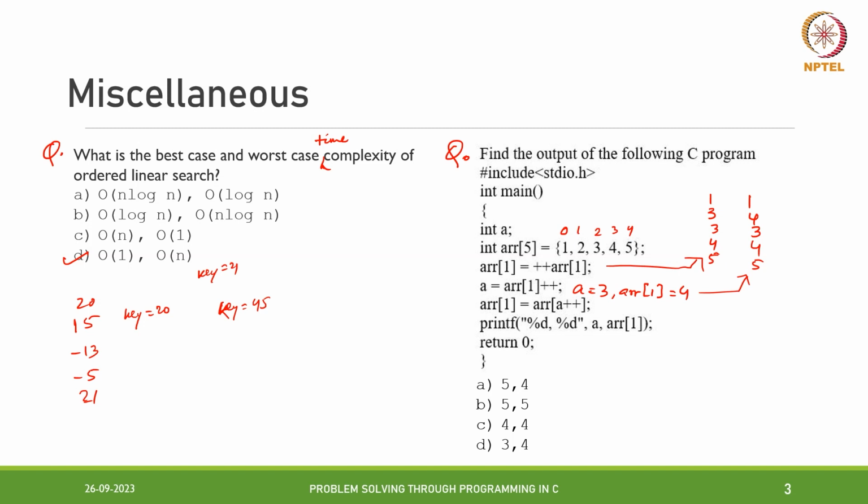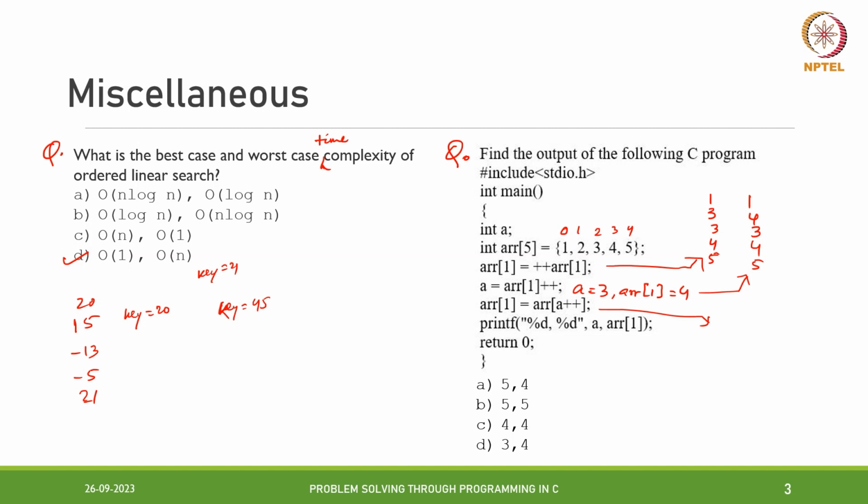The next step is arr of 1 equals arr of a plus plus. So a plus plus is a post increment operation again. So this will be treated as arr of 1 equals arr of a, and then a will be incremented by 1. This means arr of 1 equals arr of a. a is 3. So what is arr of 3? The value is 4. It's 4 currently. So this is 0, 1, 2, 3.